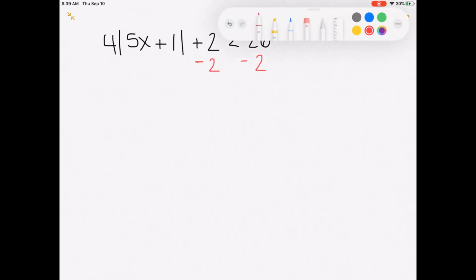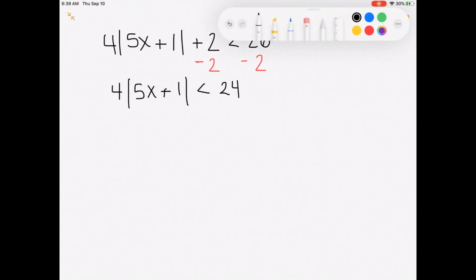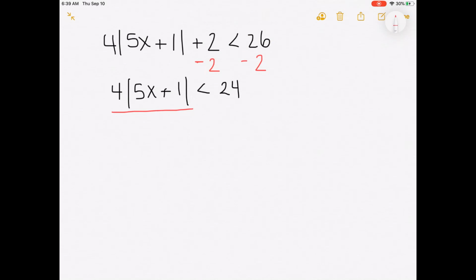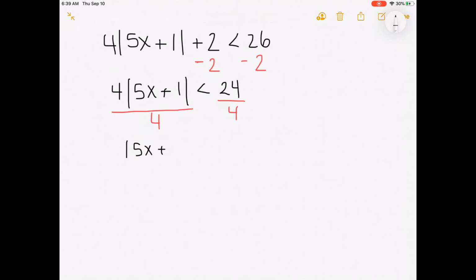And what that leaves me with is 4 times the absolute value of 5x plus 1 is strictly less than 24. And then since I have a 4 being multiplied, I will divide either side of my inequality by 4. And what that leaves me with is the absolute value of 5x plus 1 is strictly less than 6.